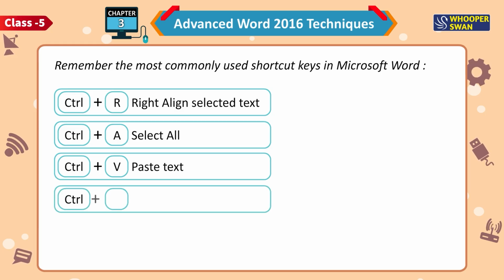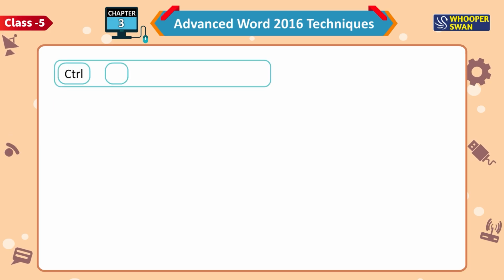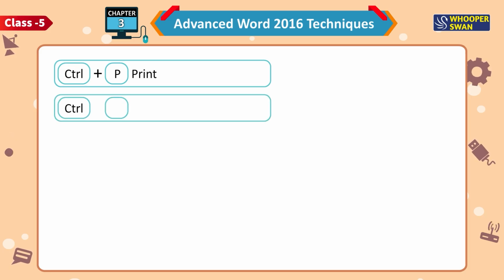Control plus B. Bold text. Control plus I. Italic text. Control plus P. Print.